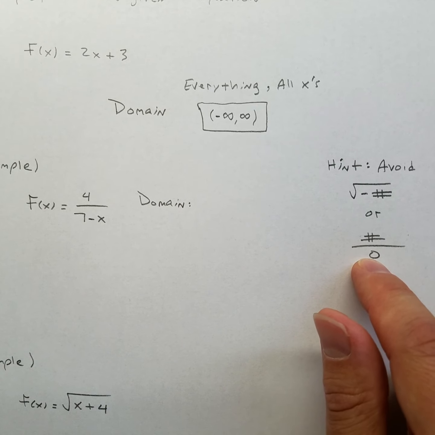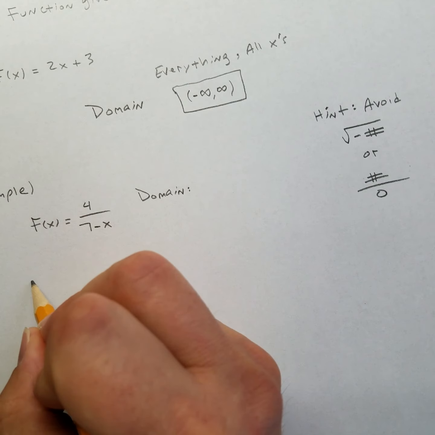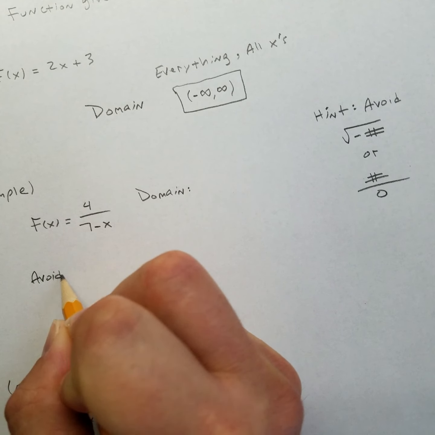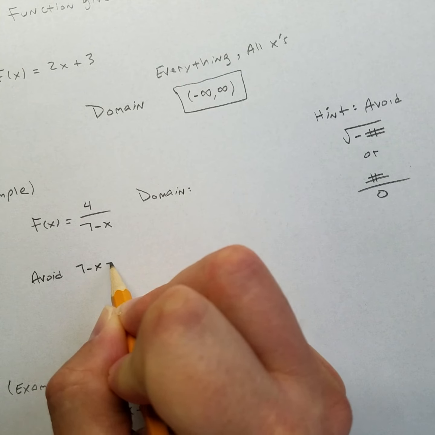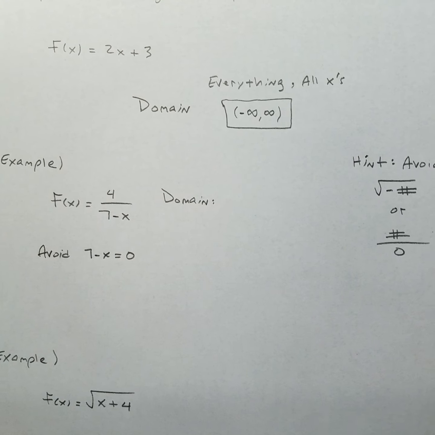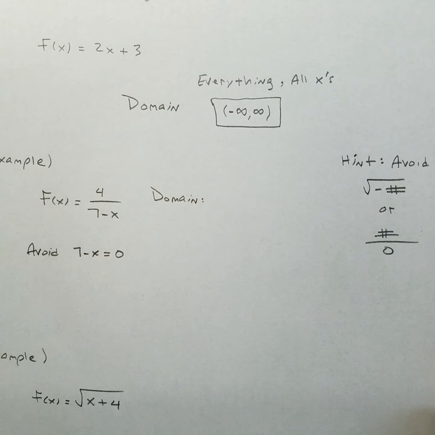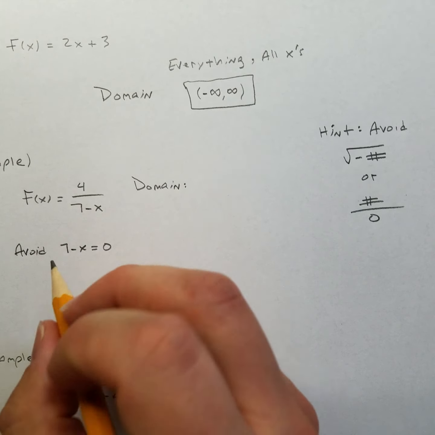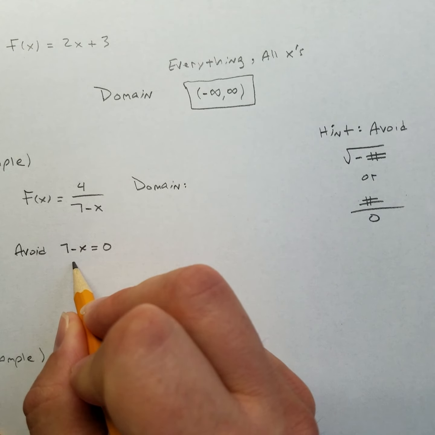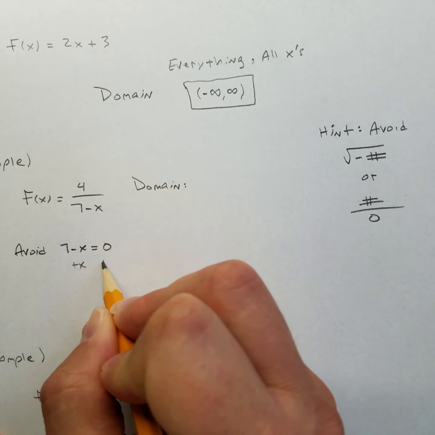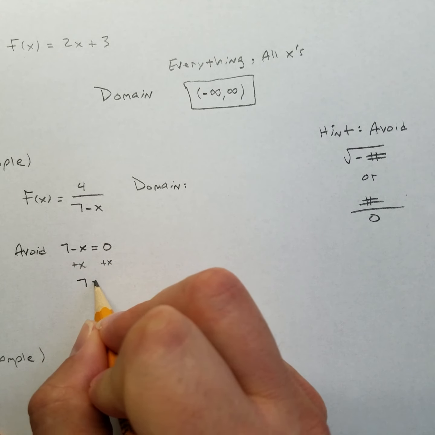So we'll say that we want to avoid 7 minus x being equal to 0. This thing that's down there under the bar that we're dividing by, we don't want that to be 0. And I just need to figure out the x that's going to make that happen. So we'll solve the equation. We could say add x to both sides, and it will say 7 is equal to x.